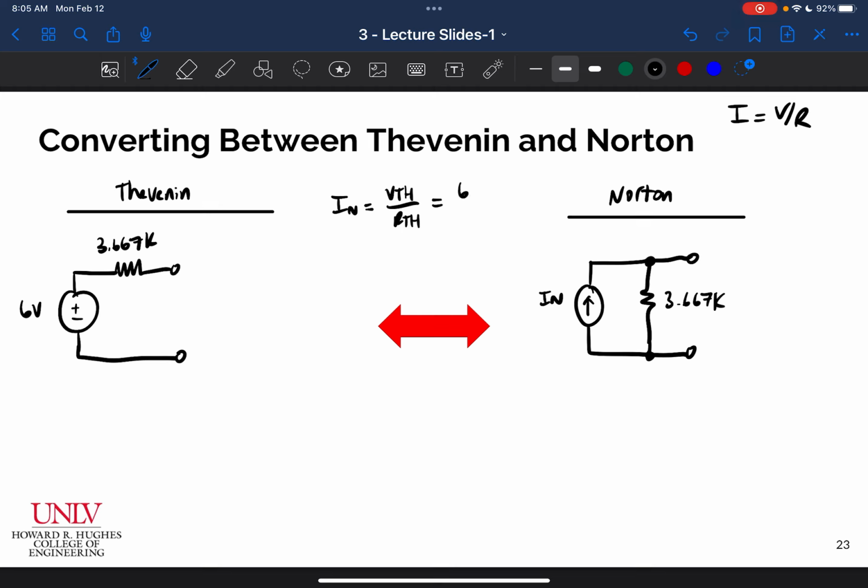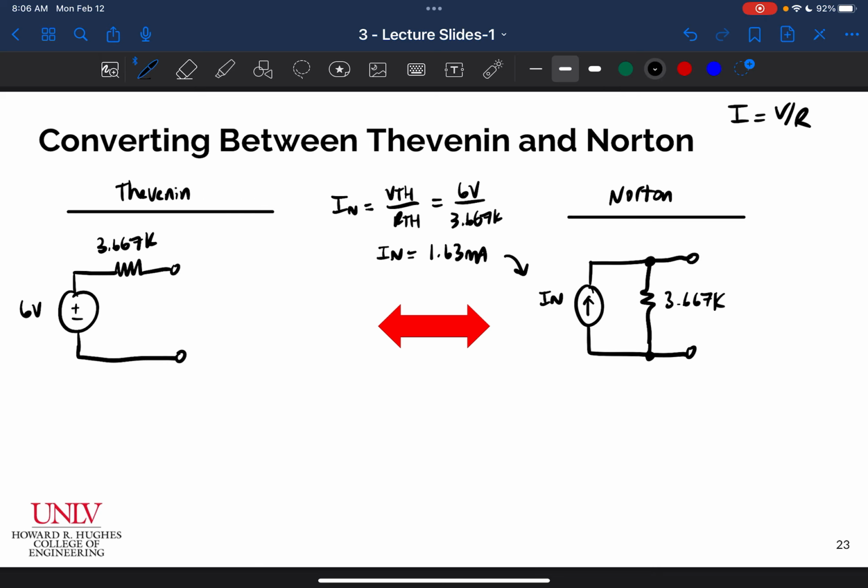So if I take 6 volts, divide by 3.667K, let me throw that in my calculator. I should get 1.63 milliamps because that's what I got in the previous case. Let's give it a shot. 6 divided by 3.667, 1.63. And so that is my Norton current.